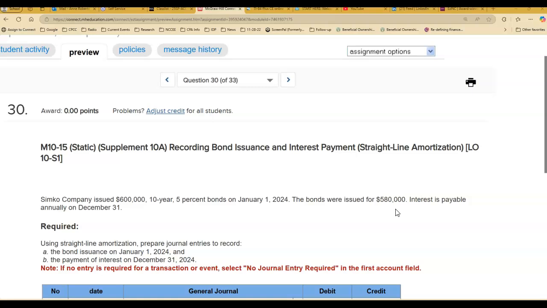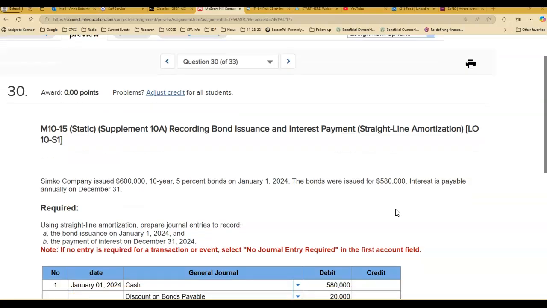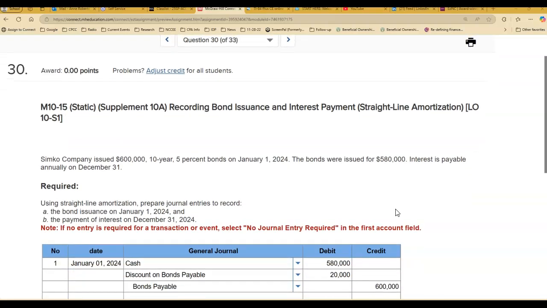So in the case of a discount, go back to this journal entry here, right? The bond payable that goes on the books in this one is how much? $600, the face value. The amount of cash that we received was $580, and the discount is $20. Okay?